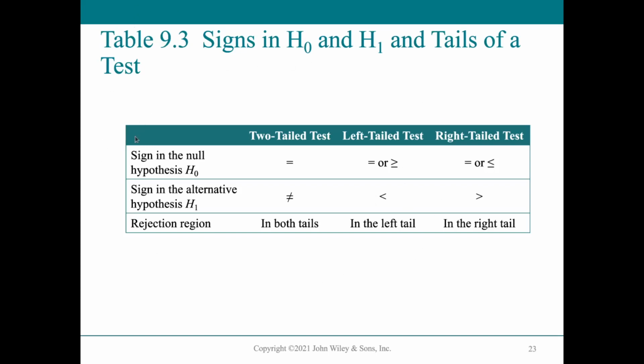Actually, this is the summary of the tails of the test. Your null hypothesis is always equal. For a left tail test it can be equal or greater than, because we are not interested in it being greater than. We are only interested if it's less than. And on the right tail, we are only interested if it's greater than.